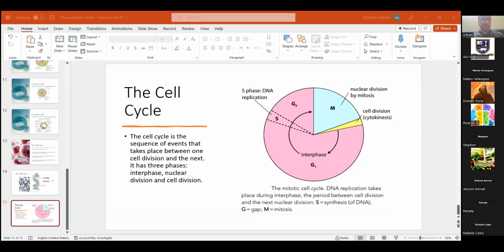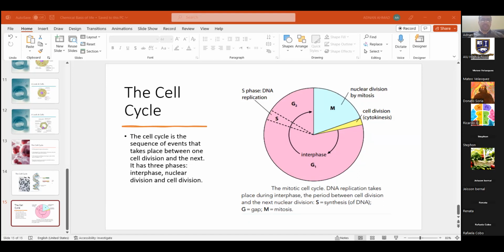The DNA that was synthesized, that was manufactured in the S phase, is cross-checked. The DNA is rechecked. As I said, it is a very sensitive molecule, so you cannot risk it being produced broken.